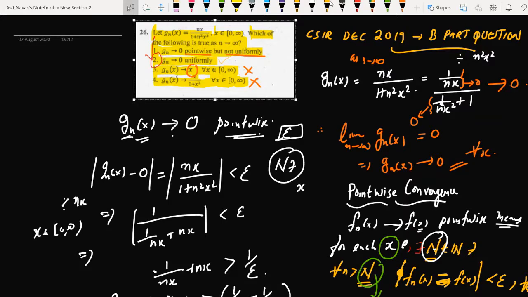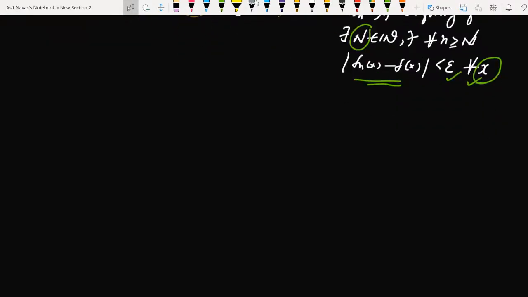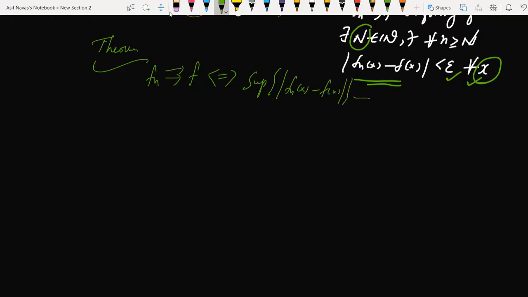Now another method to solve this problem is by using a theorem, but it takes a lot of time. The theorem: f_n converges to f uniformly if and only if the supremum of |f_n(x) minus f(x)| converges to 0.